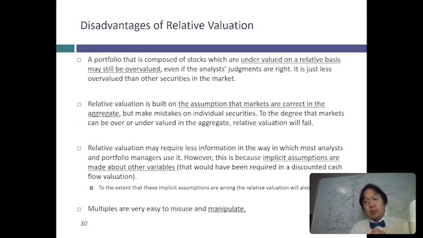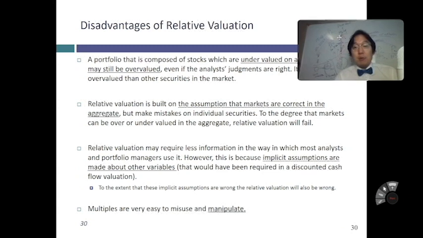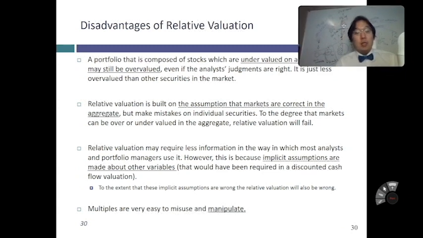However, this is because implicit assumptions are made about the other variables that would have been required in a discounted cash flow valuation. So you have to be watchful about this usage of relative valuation. To the extent that these implicit assumptions are wrong, the relative valuation will also be wrong. So be careful.